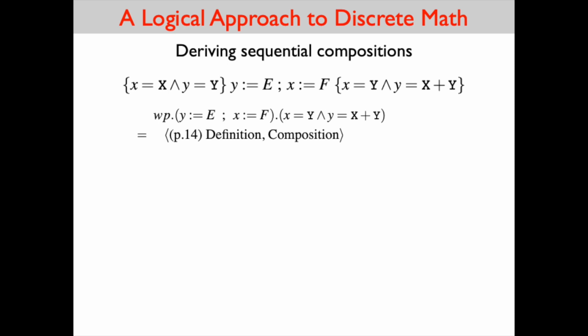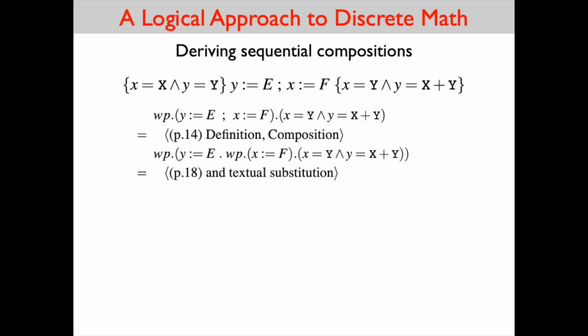What happens basically is the weakest precondition of the second assignment statement is the postcondition of the first assignment statement. So using P.14, this expression equals the weakest precondition of the statement y gets unknown expression e, dot the weakest precondition of x gets the unknown expression f dot the postcondition.